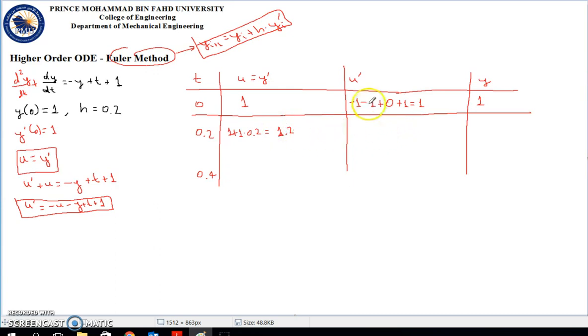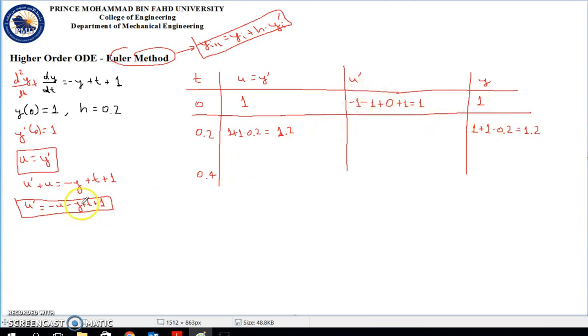What about y? Again, y will equal the previous y, 1, plus y prime at the previous time, that's 1, times the step, which is 0.2. So that equals 1.2.